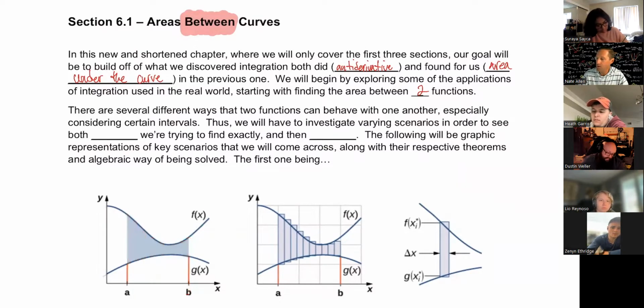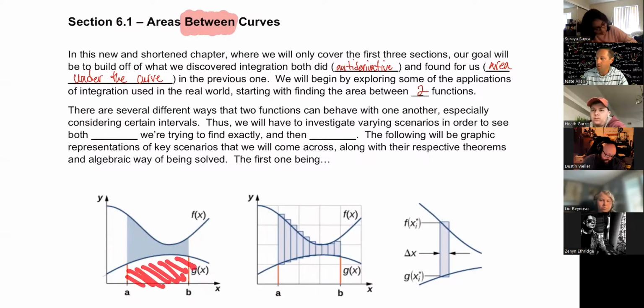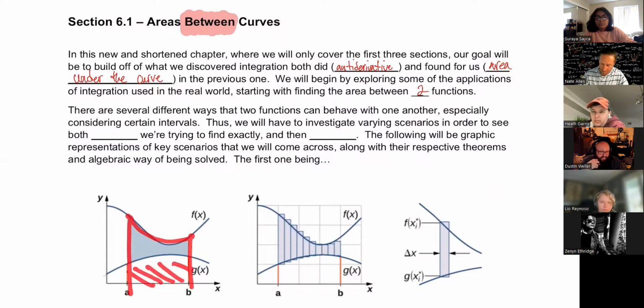No. What do I actually want to do? I want to remove that part. And how do we remove things in math? Subtract. And what are we going to be subtracting? Subtracting the g of x area from the f of x area. We're going to subtract off the area under the lower curve. And if we took all of this and subtracted off that, look what we're going to be left with: the area between the curves.